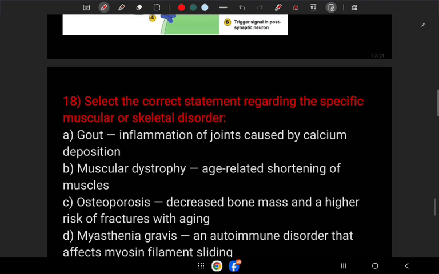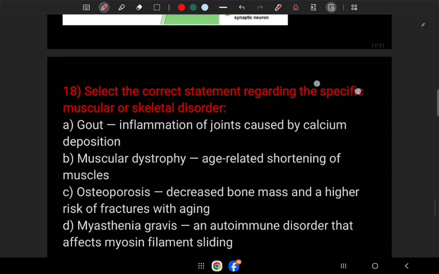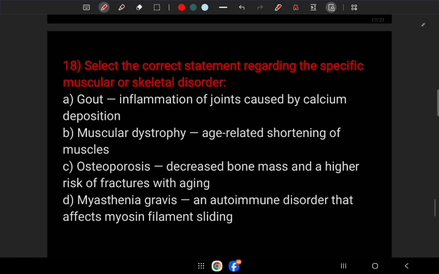Question number 18 says select the correct statement regarding specific muscular or skeletal disorders. Gout is inflammation of joints caused by calcium deposition, no, not calcium, it is uric acid deposition. Muscular dystrophy, age-related shortening of muscles, no, muscular dystrophy is not age-related, it is due to not producing a sufficient amount of dystrophin protein.